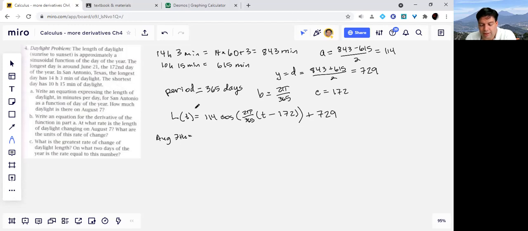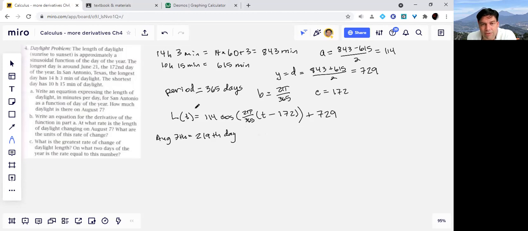And then July 31, 31 days later, is the 212th day. And then August 7 is 7 days after that, is the 219th day.